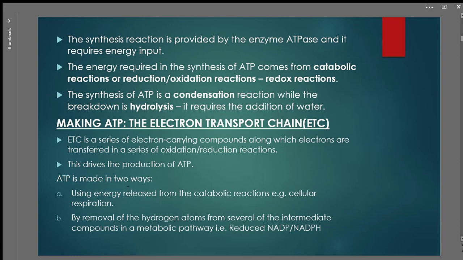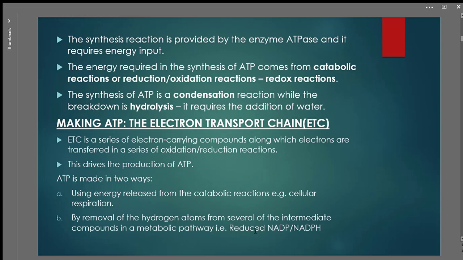One of the ways is the use of energy that has been released from catabolic reactions, and this is what we refer to as cellular respiration. Another way that ATP is made is by the removal of hydrogen atoms from several of the intermediate compounds in a metabolic pathway. When we talk of these intermediate compounds, we talk of reduced NADP, which we can equally refer to as NADPH without the term reduced. If you just write NADP, we are referring to it as oxidized.